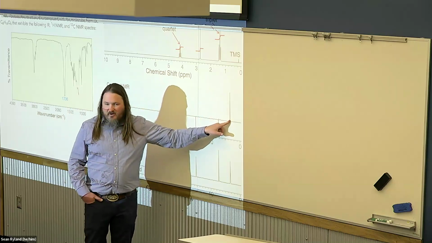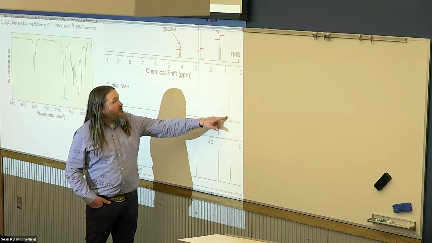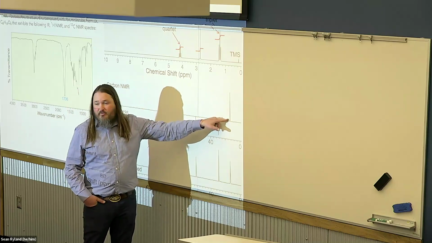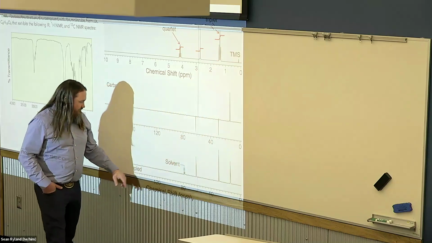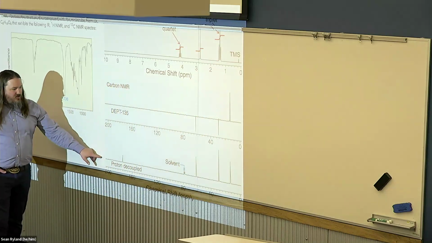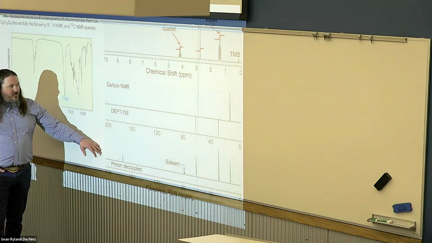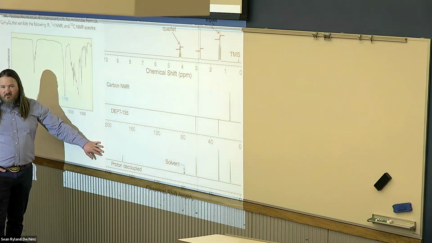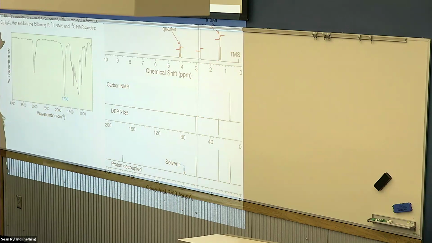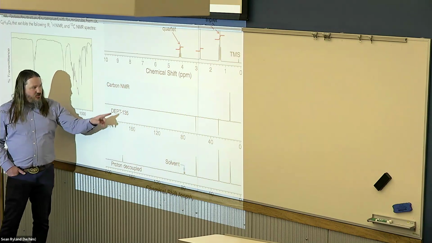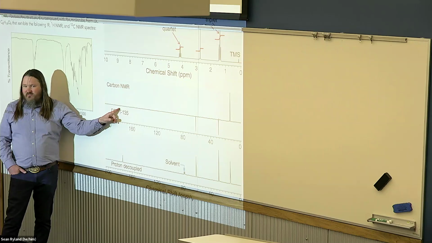Which makes sense because we know we've got a methyl group based on where the protons showed up. And here's our proton decoupled, meaning just our straight carbon NMR. Despite the fact we've got 8 carbons, there are only 4 unique carbon signals. And one of the carbon signals doesn't show up in the DEPT 135.